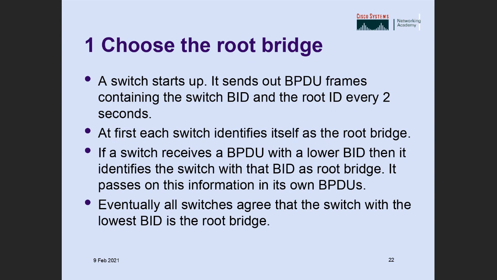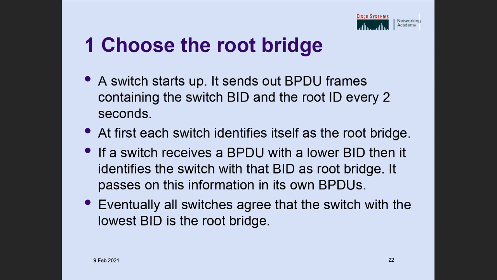Until all the other switches receive a bridge protocol data unit with a lower bridge ID, they say, oh, I guess I don't get to be the boss. I'm going to defer to the switch that actually had the lowest MAC address, or the one that the network engineer manually configured to have a more attractive priority value.